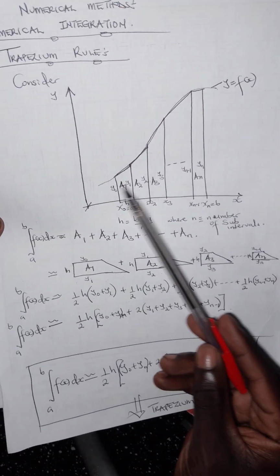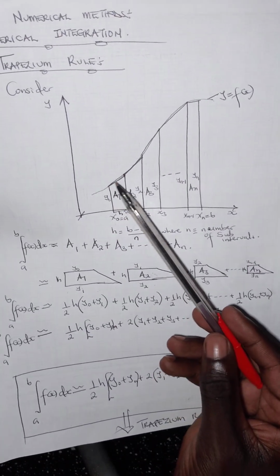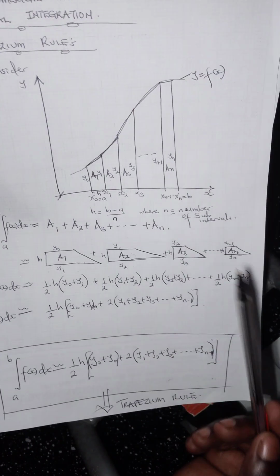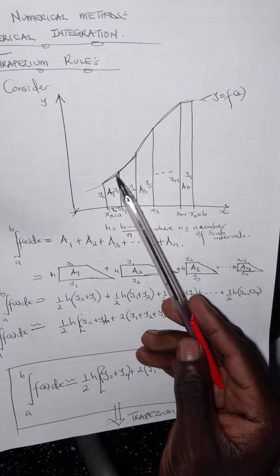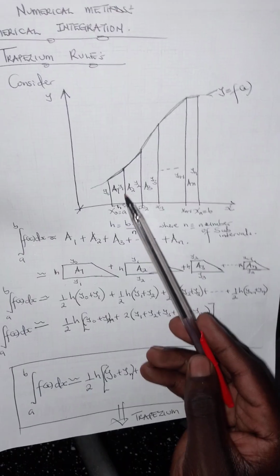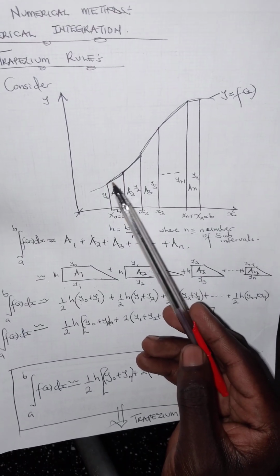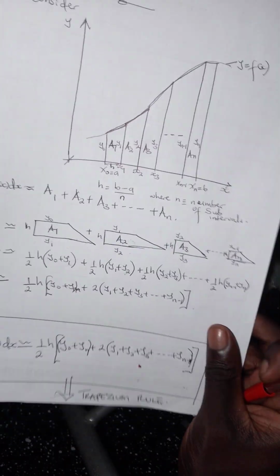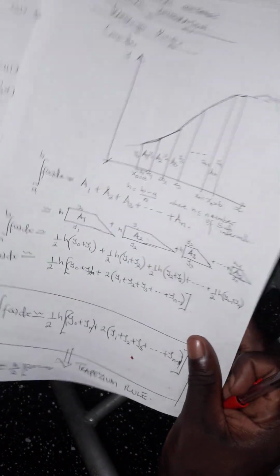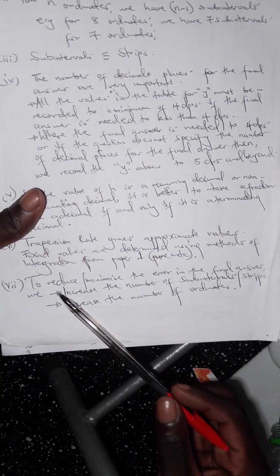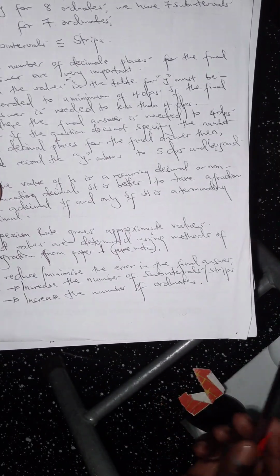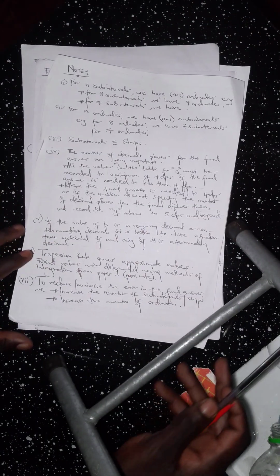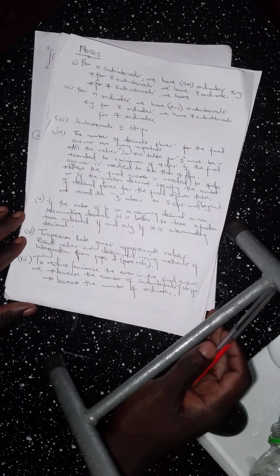But as you're creating many sub-intervals or strips, you will also be increasing the number of ordinates. So to minimize the error, we increase the number of sub-intervals or strips, or we can increase the number of ordinates.